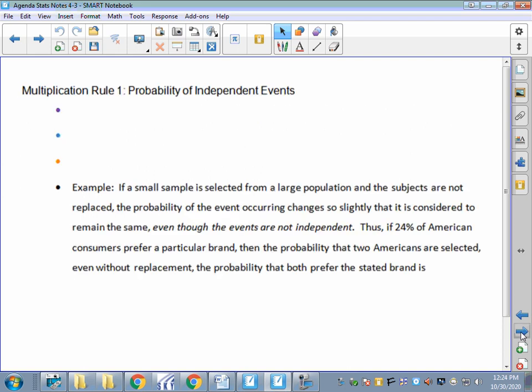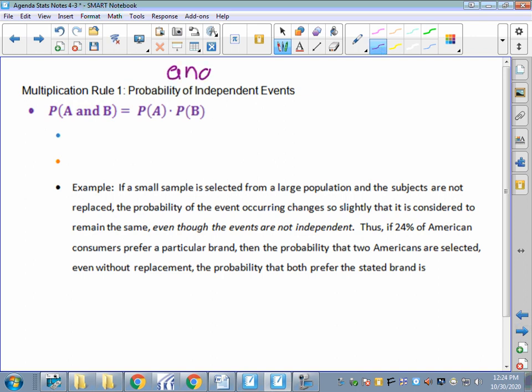So here's our first multiplication rule, our probability rule for independent events. It goes like this. The probability of A and B is equal to the probability of A times the probability of B. I hope you remember, back in section 4.2, we said that whenever you see an OR, the probability of A or B happening, it's an add, right? Whenever you see an AND, it is a multiply.